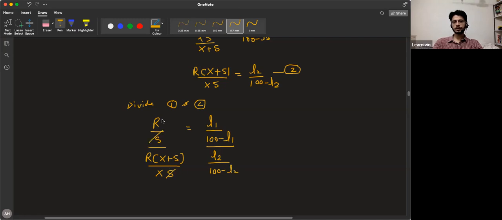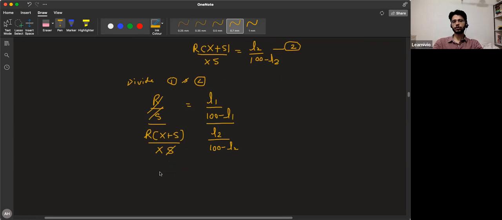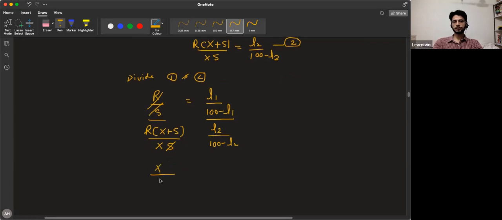S will cancel S, R will cancel R. You can take it to the numerator. It's x by x plus s is 100 minus L2 by 100 minus L1 into L1 by L2.